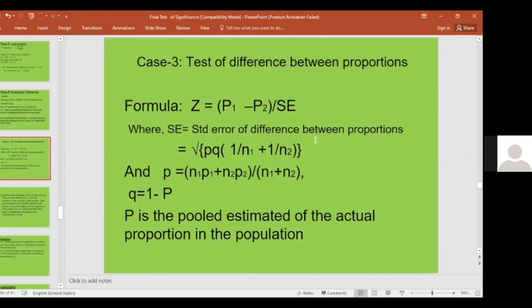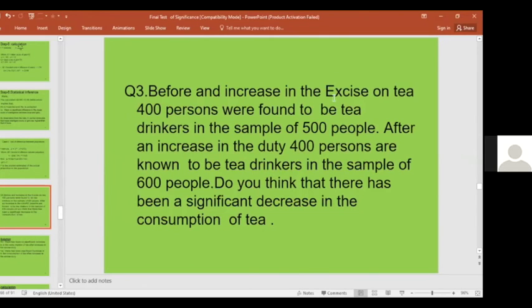Now, for what situation can you do it like this? You go to the form question. Before an increase in the excise on tea, 400 people were found to be tea drinkers in a sample of 600 people.